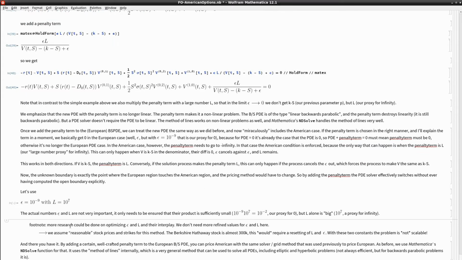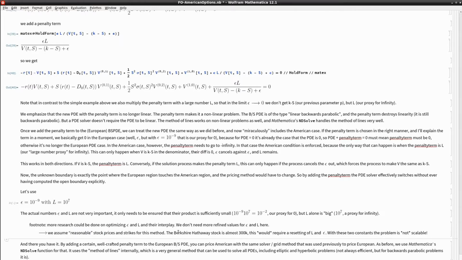And I emphasize that more research could definitely be done here on optimizing epsilon and L and their interplay when solving this differential equation. We don't need more refined values for epsilon and L for our approach, but in general this would have to be done, because it's not necessarily the case that stock prices have reasonable prices, and I'm leaving reasonable undefined here intentionally. We assume that we have reasonable stock prices and strikes for this method.